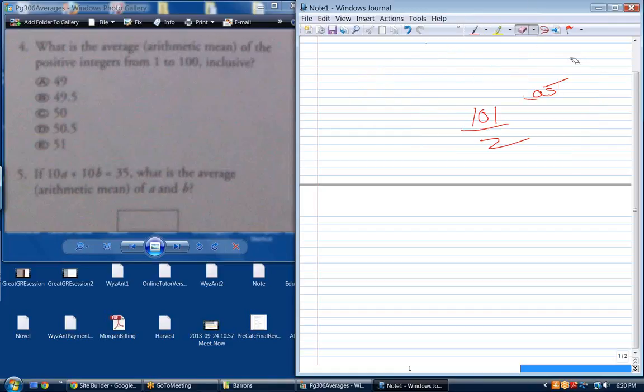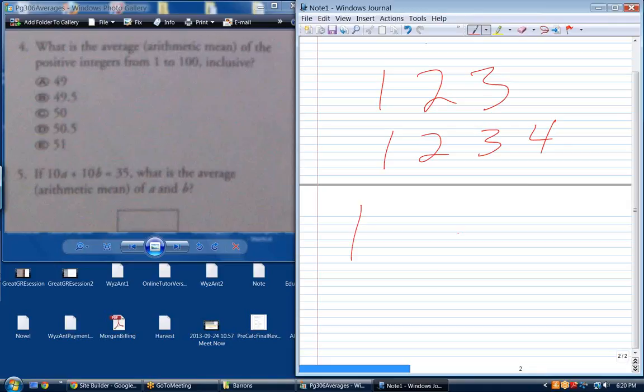Well, let's look at it a different way. What's the average between 1, 2, and 3? 2. What's the average between 1, 2, 3, and 4? 2.5. So 1 through 100, what's the average going to be?